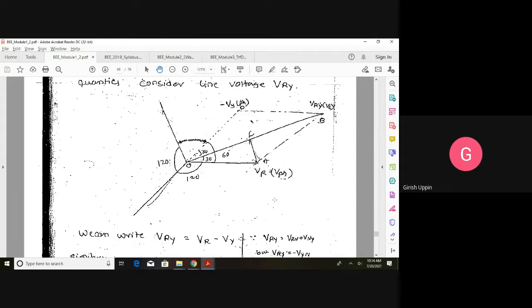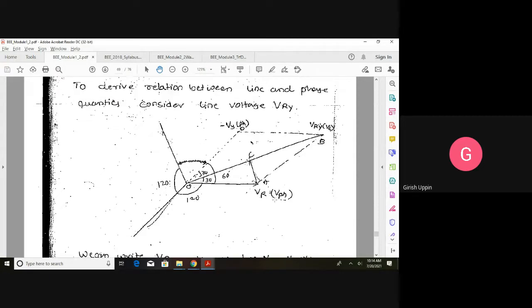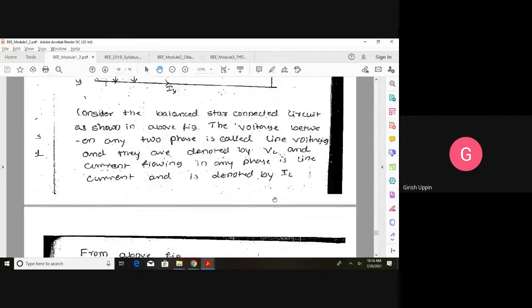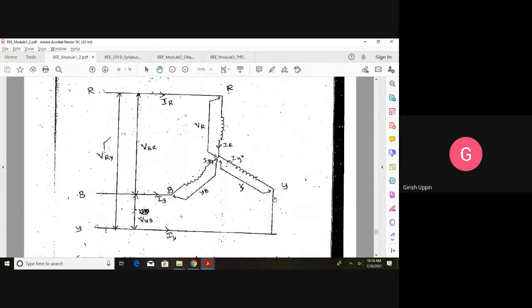Now how to find the line voltage? Line voltage is between two terminals. We will take an example here, then we'll go back to the phasor diagram. I want to find the voltage between terminal R and Y. That is VL equal to VRY. If I trace that inside, this is the point R, and this is the point Y. So I am measuring the voltage between this point and this point.